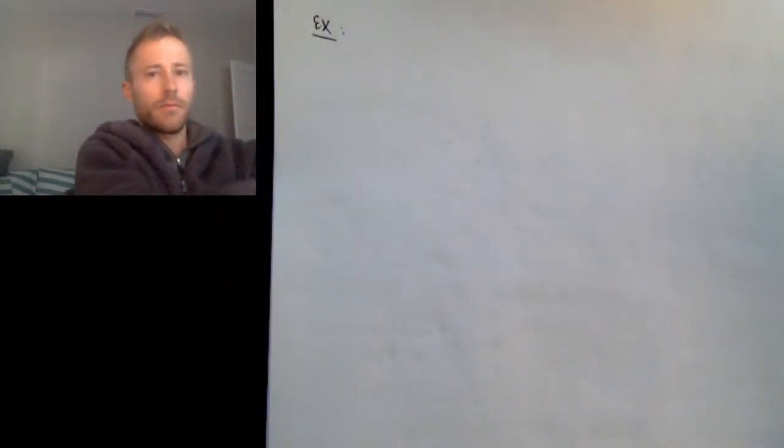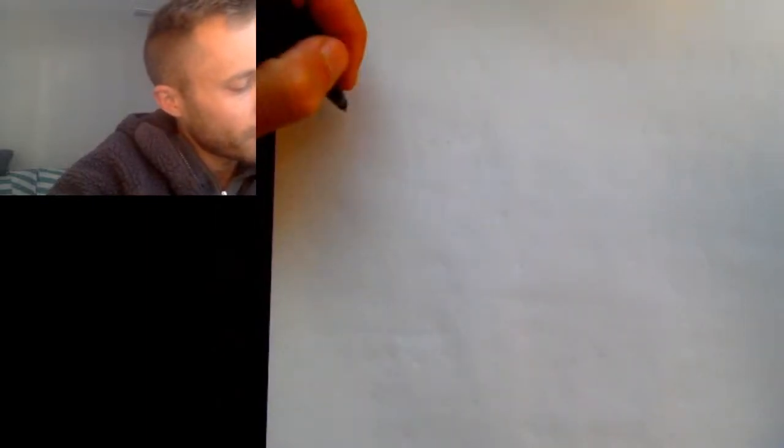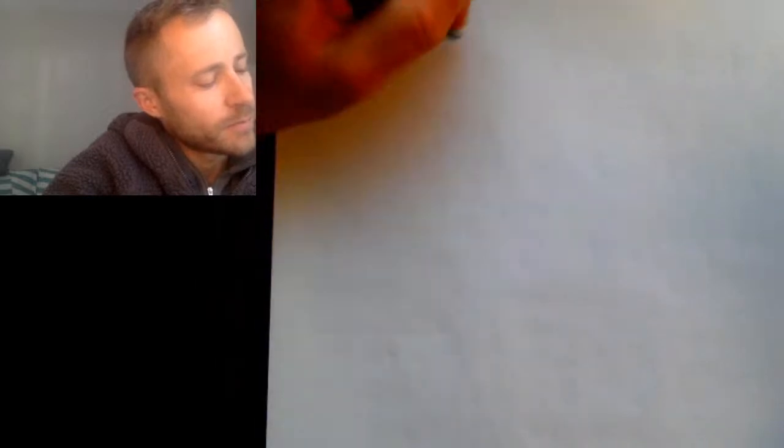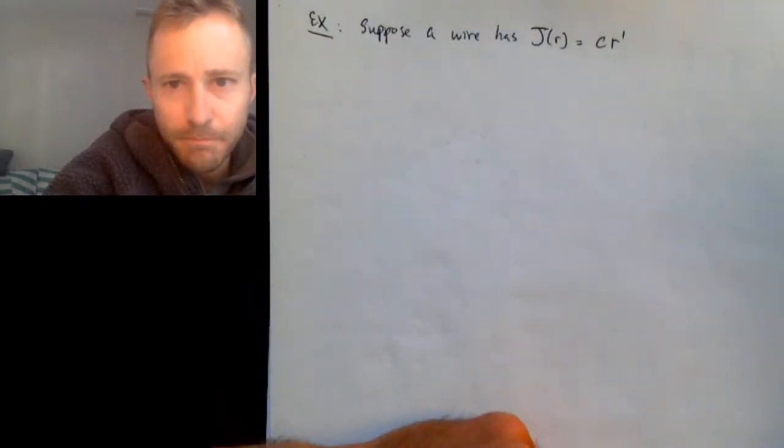So this last example is, suppose a wire has J of R equals a constant times R to the 1 power.